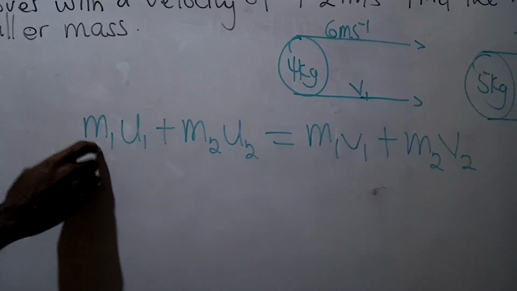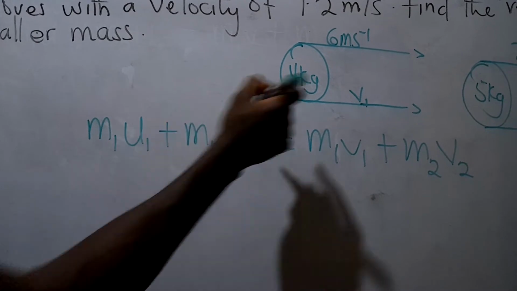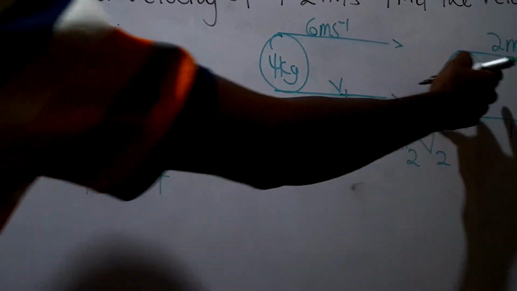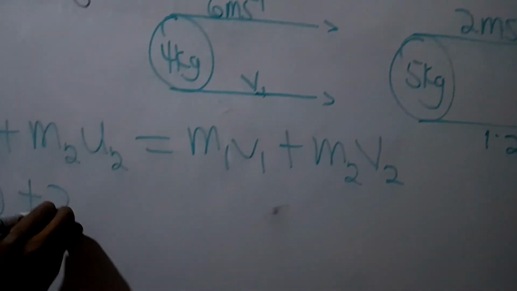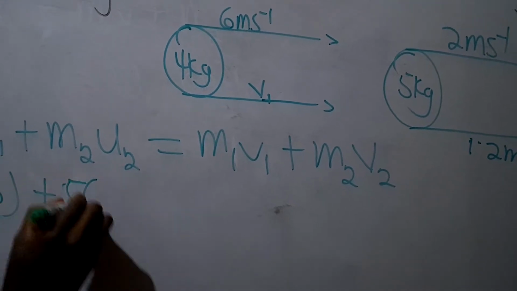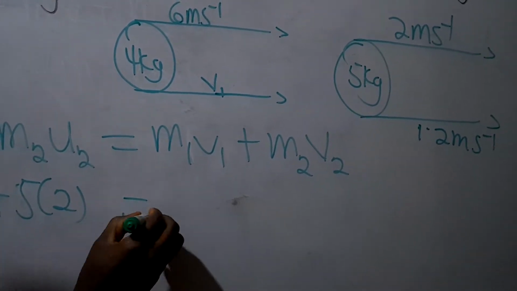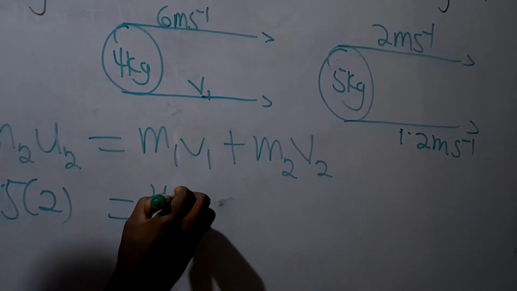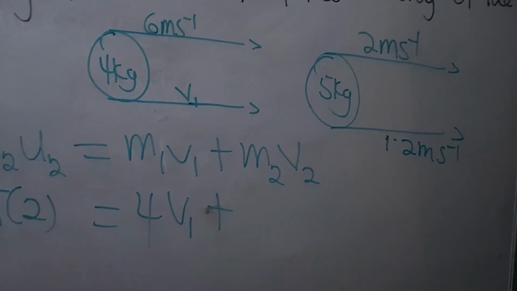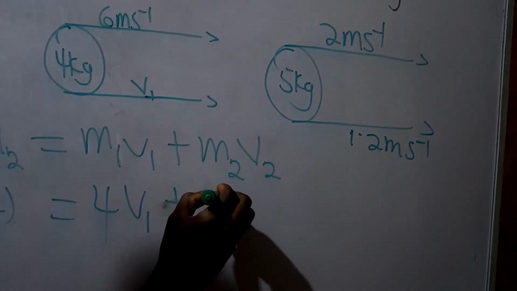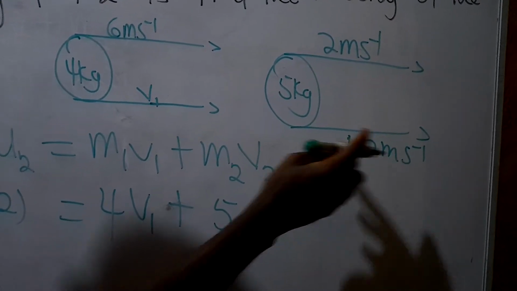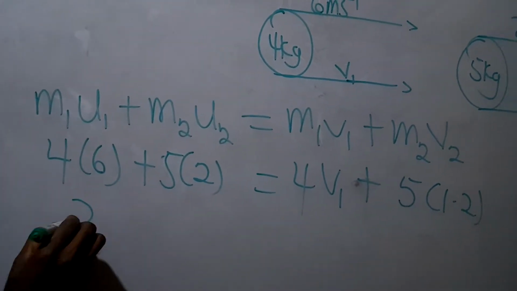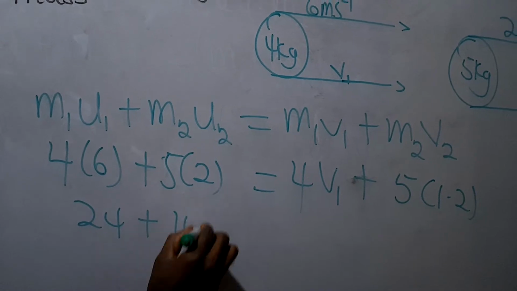So the momentum before collision will be 4 by 6 plus 5 by 2, equal to, the mass is 4 and we don't know the velocity v1, plus the mass here is 5, then the velocity after collision was 1.2. So 4 times 6 is 24. 5 times 2 is 10.